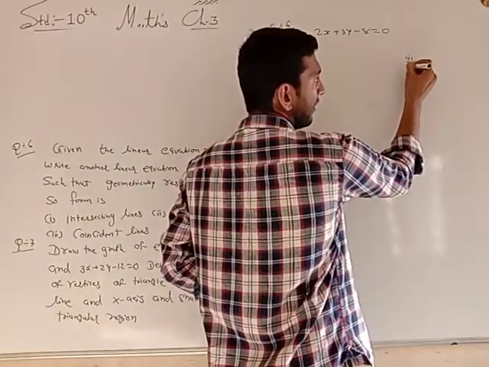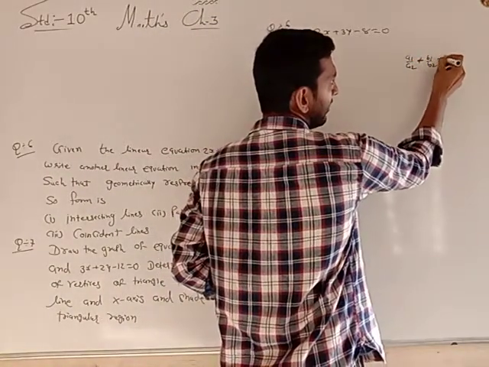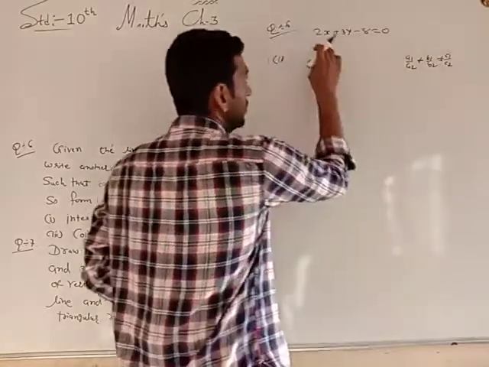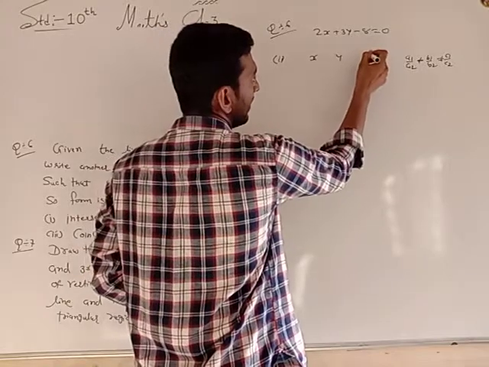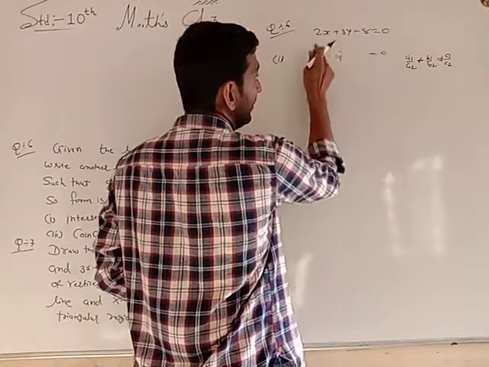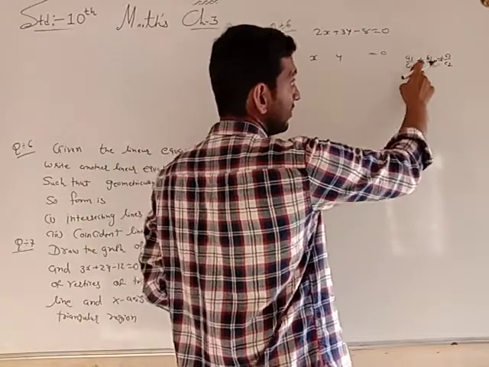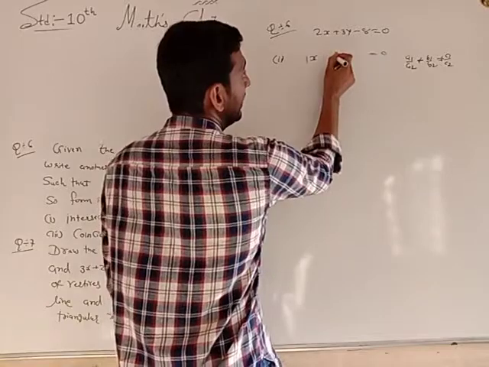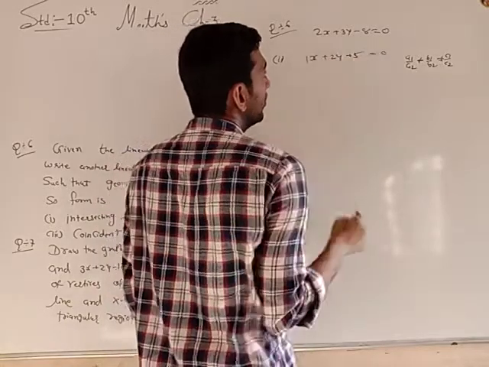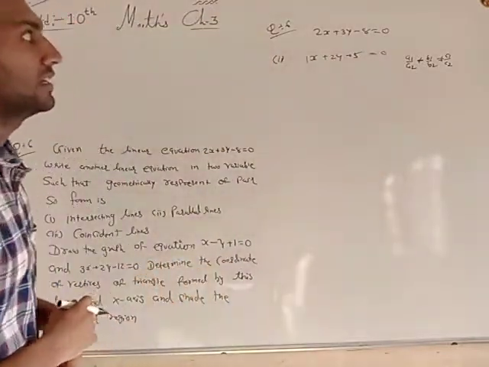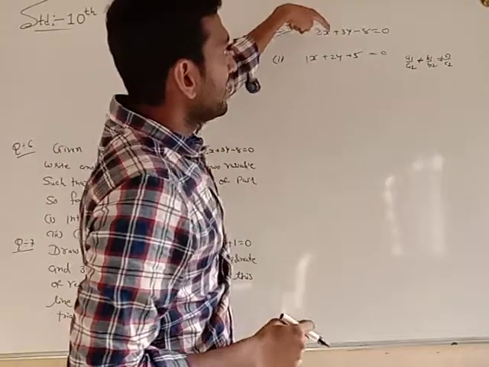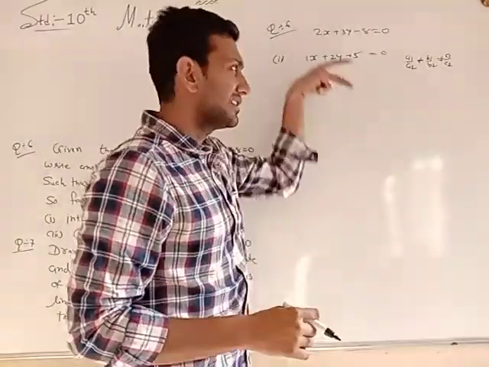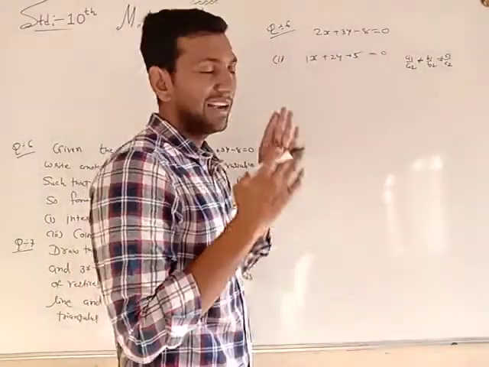If a1 upon a2 does not equal b1 upon b2 does not equal c1 upon c2, for intersecting lines. So here I write 1, here 2, here 5. So I get the equation, and if I find the ratio, 2 by 1 does not equal 3 by 2 does not equal minus 8 by 5. So if you represent these two lines, you get intersecting lines.